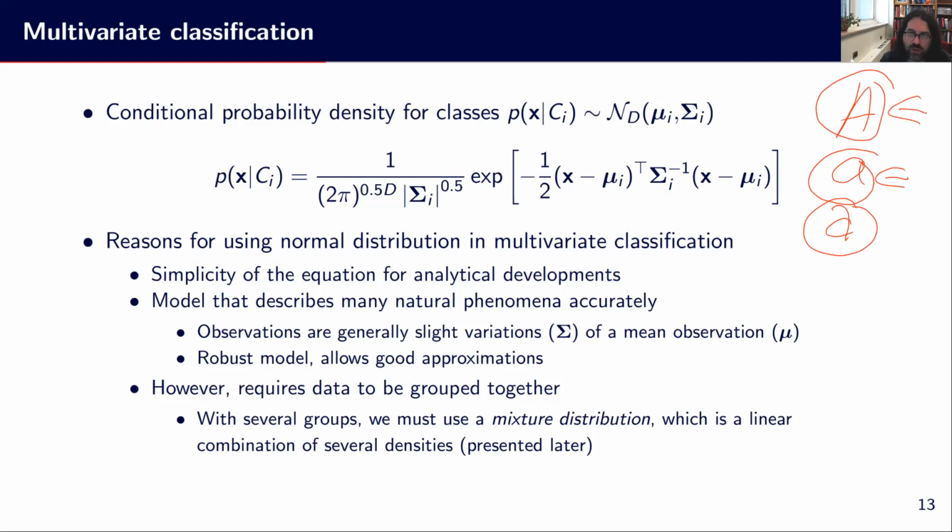If we try to merge all of them together, we'll get an average concept that is neither the capital nor the small letter version of A, and it will not be that good. So we need to consider mixture distributions, mixture models, which are linear combinations of several densities. We will see that later on.